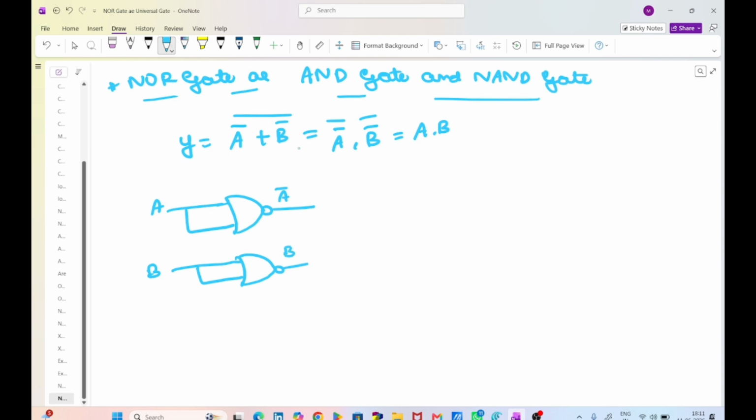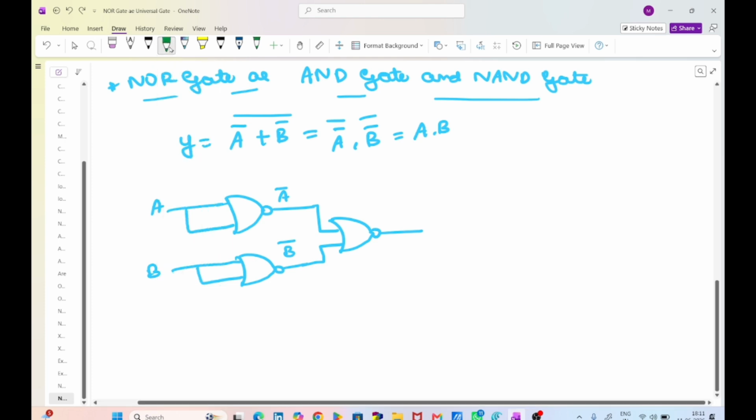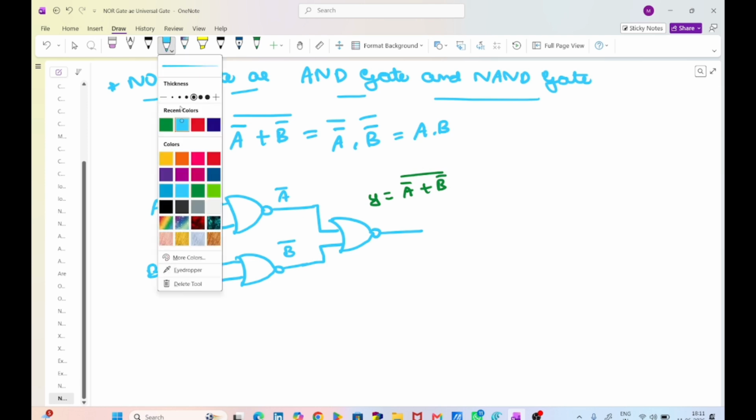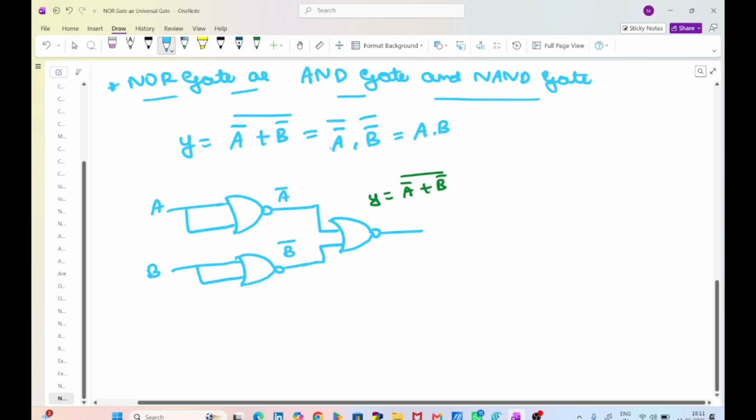Here it is B, and the same thing, the output is B bar. If A bar and B bar are given to another NOR gate, what will be the output? I will write the output in green color here. Y is equal to A bar plus B bar whole bar. We have solved that as Y is equal to A dot B.